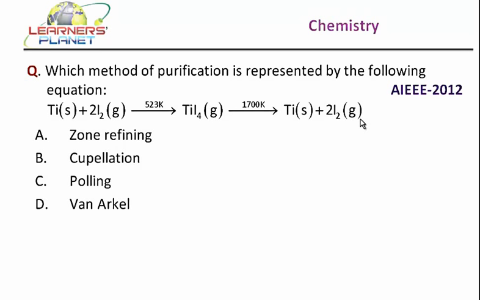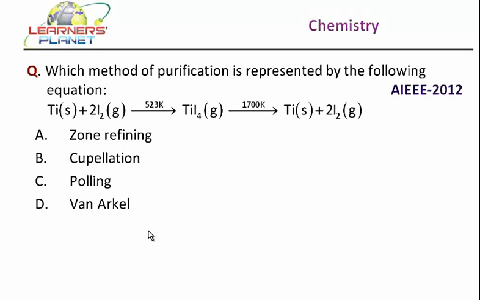Now students, the metals like titanium, zirconium, hafnium, they are purified by the van Arkel method. Now this van Arkel method was developed by Anton Eduard van Arkel and Jan Hendrik de Boer. Right? It is based on the principle that the halides of these metals are volatile in nature.